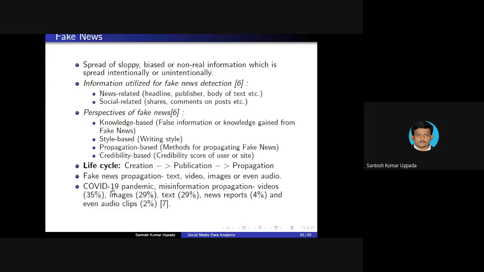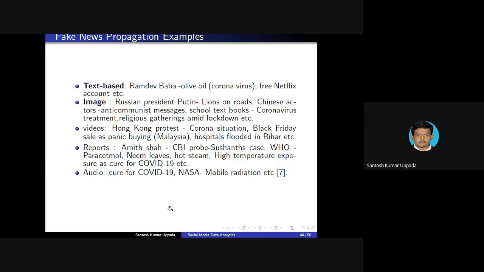I have taken an example of the COVID-19 pandemic itself, and it was observed that 35% of the videos about COVID-19 carried fake information, and 29% used images and text. These are rough examples, though they may relate to coronavirus or lockdown issues or any other thing.